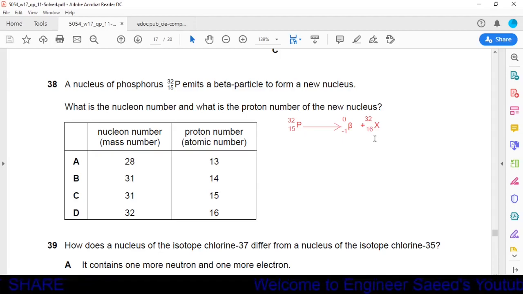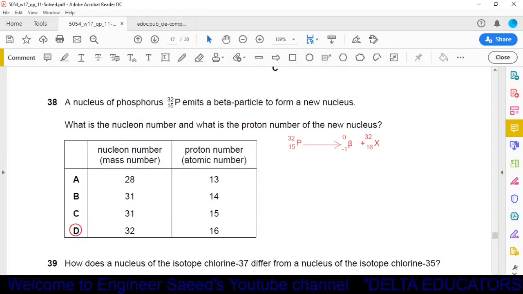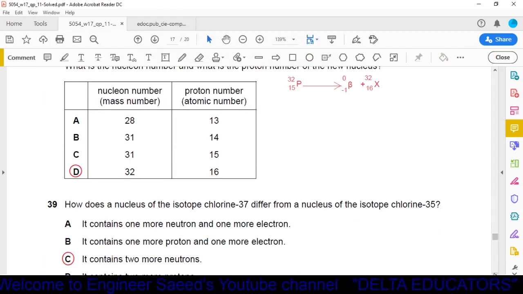So the charge number of the new particle will be +16, and it is given in option D that the nucleon number or mass number is 32 for the new particle, and the proton number or atomic number or charge number of the new particle is 16. So D is the correct option.